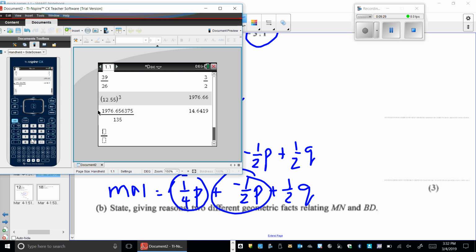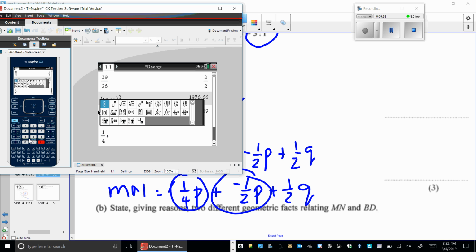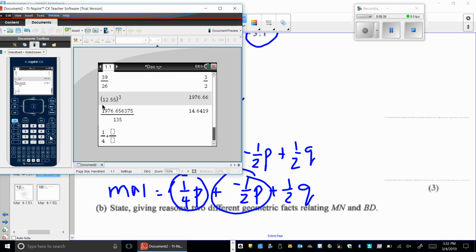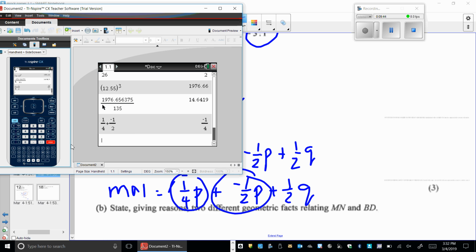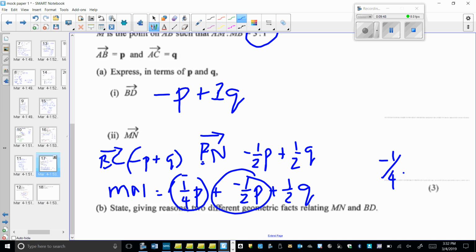A quarter plus -1/2. So it's -1/4 p plus 1/2 q.